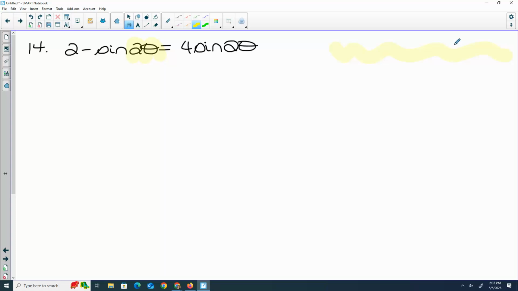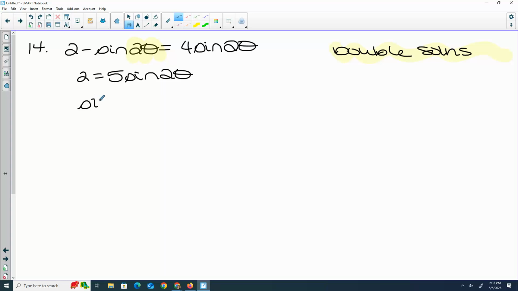Again here, 2 theta tells me, if we're trying to get our signs together, divide by 5.